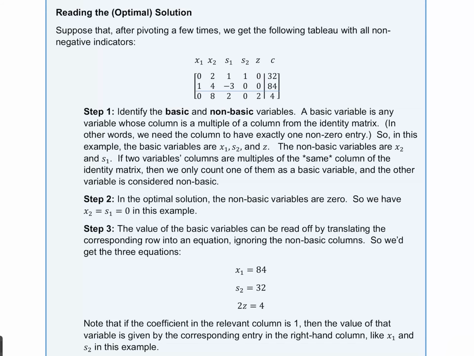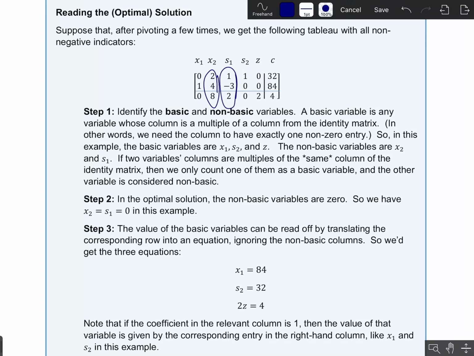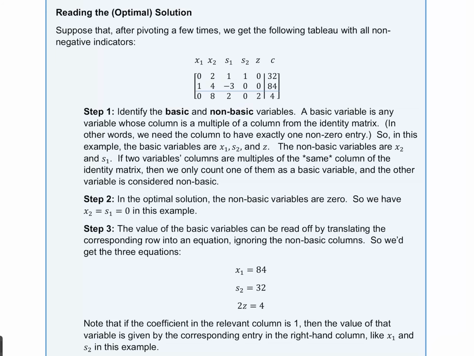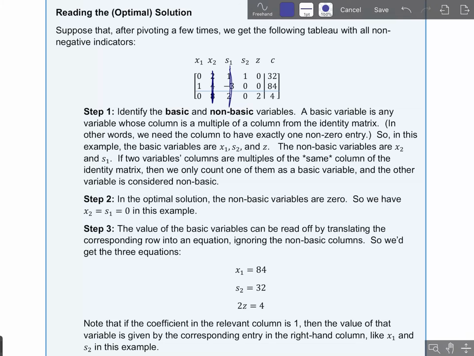If you look at a column that has more than one non-zero entry like these, those are columns we want to ignore. So those are called non-basic variables. And we will ignore those. Typically what I like to do whenever I'm reading the solution is if you have a non-basic variable, then I would just scratch out those columns from the matrix because they have too many non-zero entries. So step one is just to identify which ones are basic and non-basic.